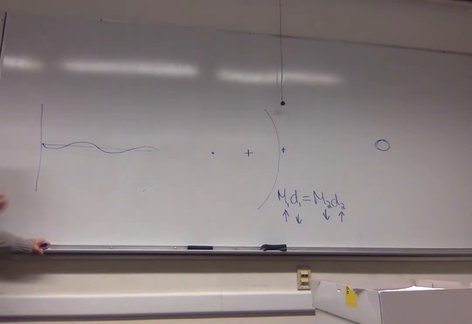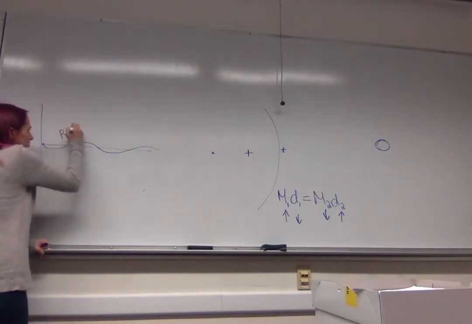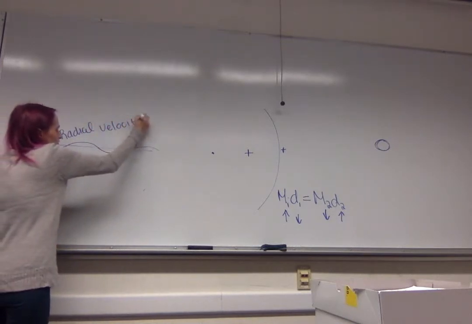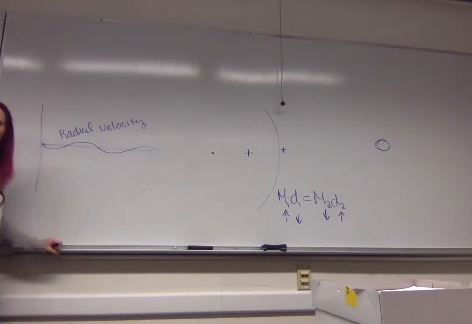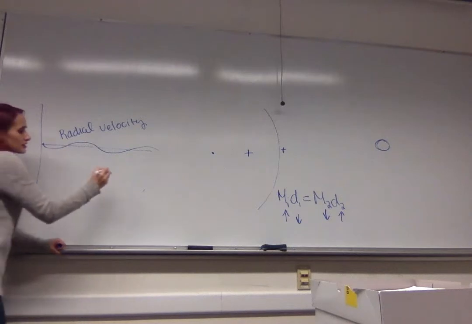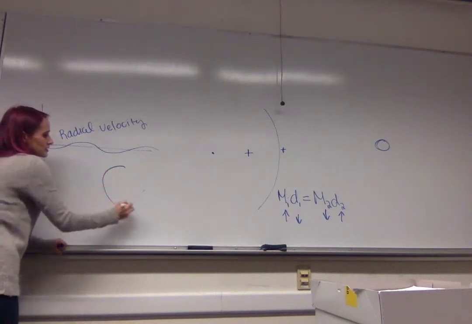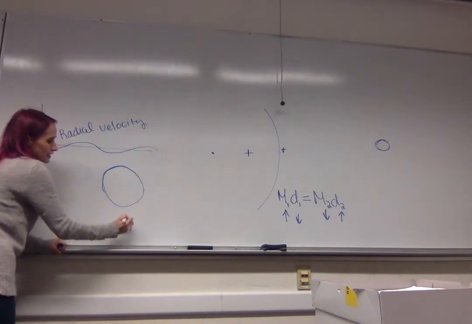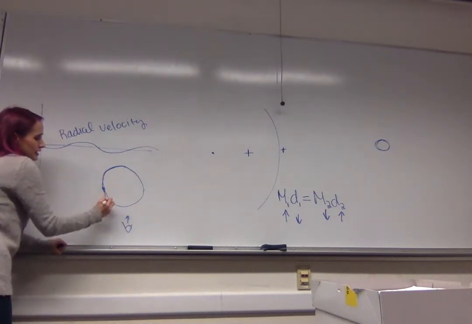So this is the radial velocity method. We see a star that has a little wobble like this. This is how fast it's moving towards or away from us. So if something is on an orbit like this, and we're down here looking up at it, when it's right here, it's coming straight at us.